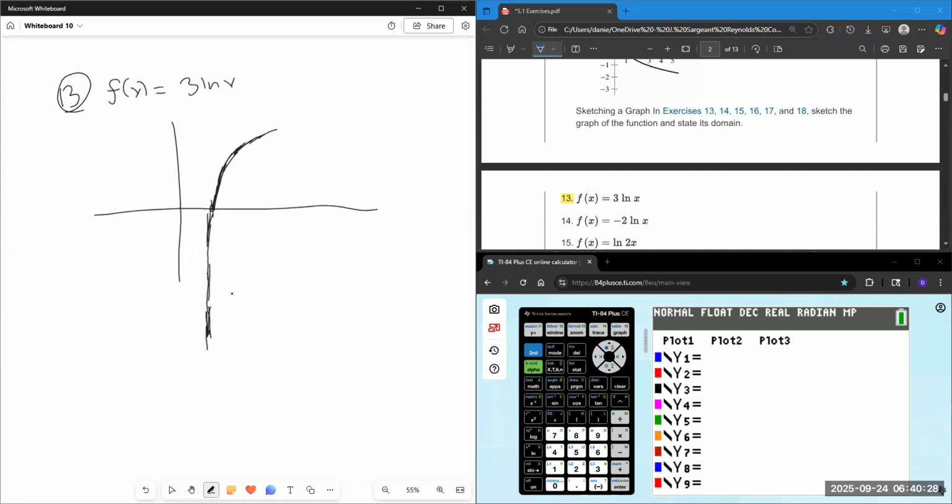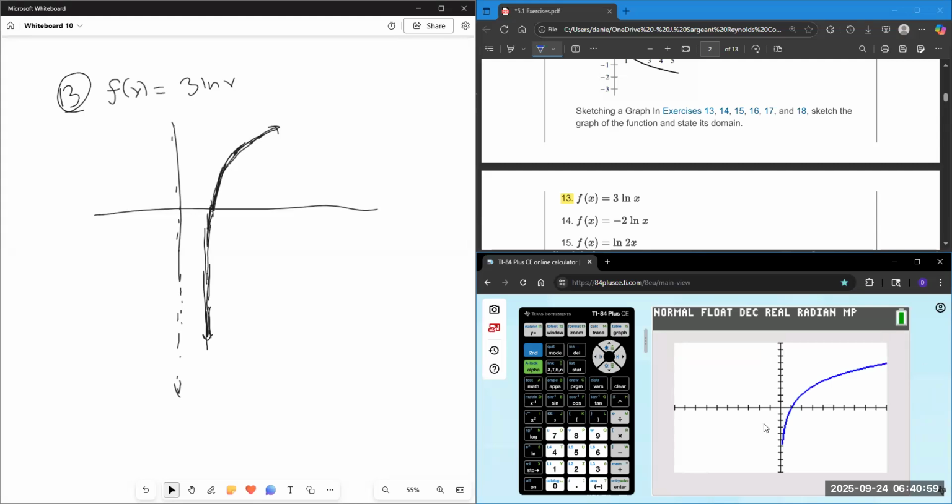It's going to still get towards x equals 0, but it's really stretched out here. So I might just see it going that way on my graph. I might not even see it level out yet when I graph this. So 3 ln of x.